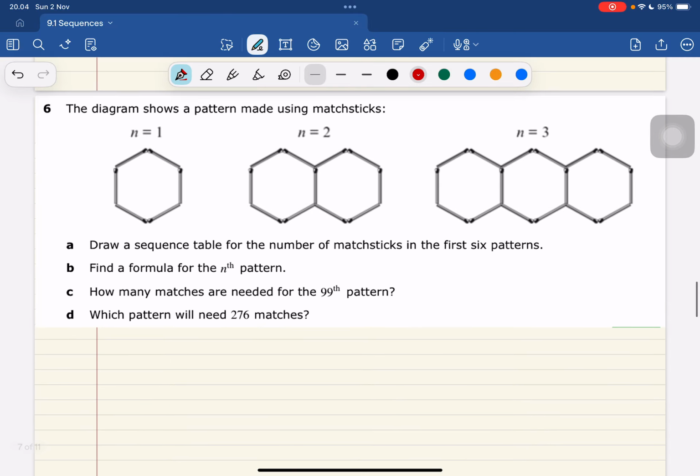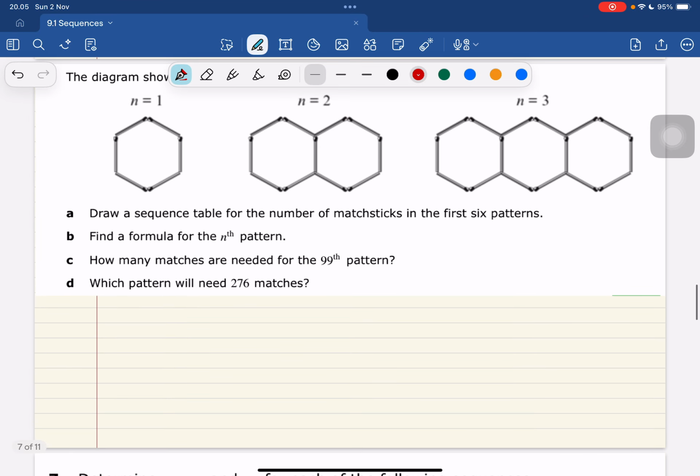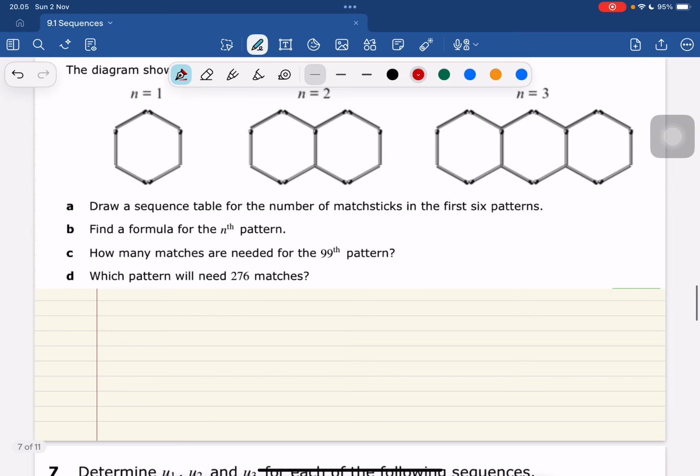Draw the sequence table for number 6. Let us draw it. So this is n, Tn. n equal to 1: how many sticks? 1, 2, 3, 4, 5, 6. 6 sticks are there. n equal to 2 is going to be 11.